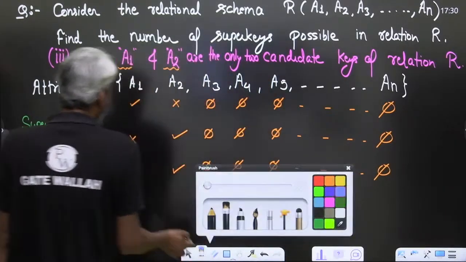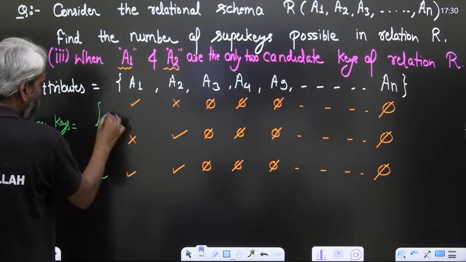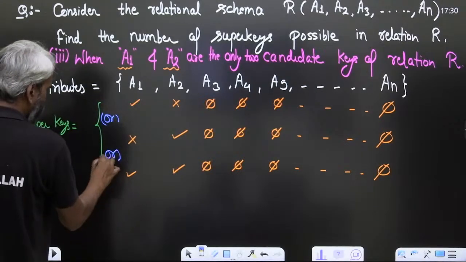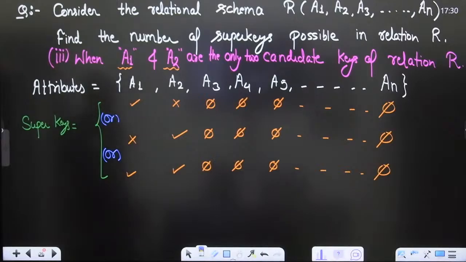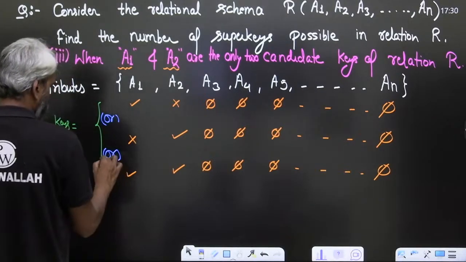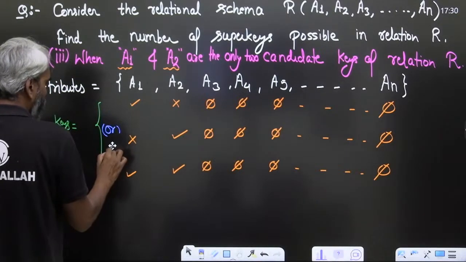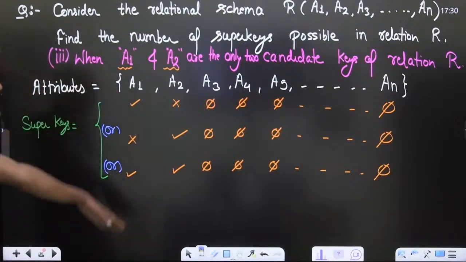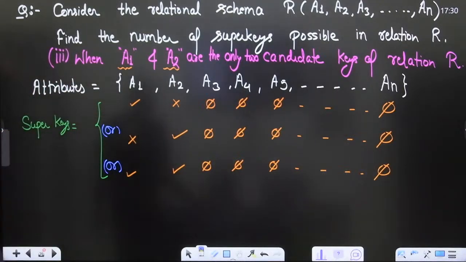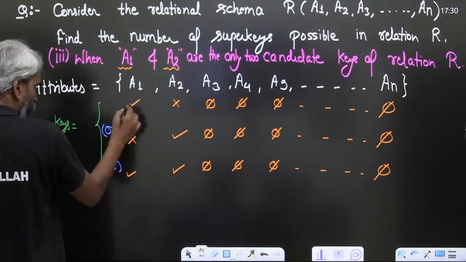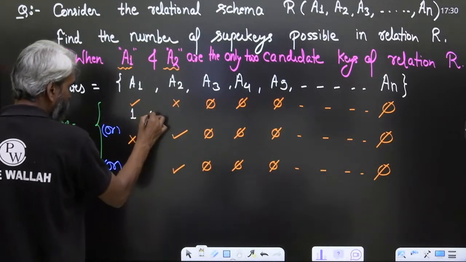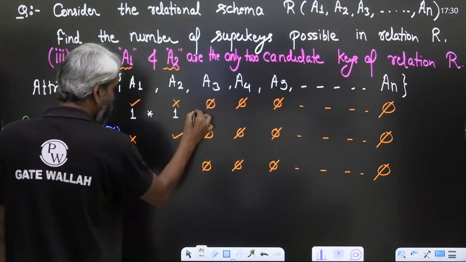So a super key will be of this type, or this type, or this type. A super key may be of any one of these three types. With respect to the first case, there is only one way that A1 is present and only one way that A2 is not present.